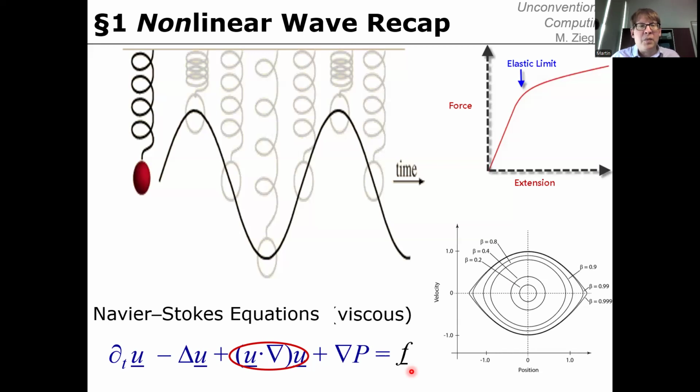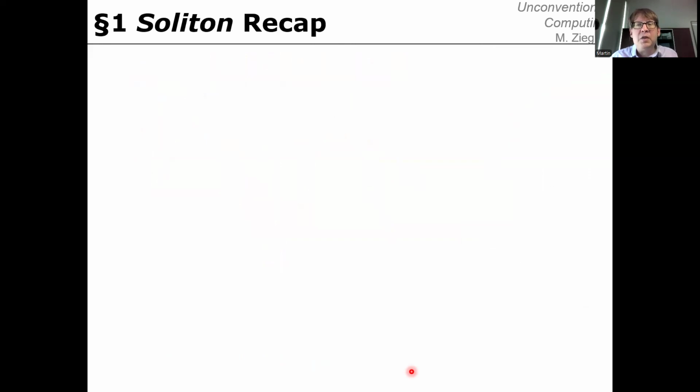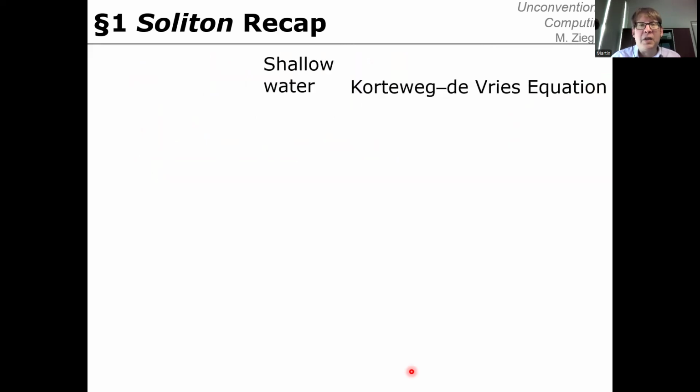But here we want to talk about a different kind of nonlinear wave equation, namely those which admit so-called solitons. Solitons occur in many areas of physics, nonlinear waves, but historically they originated from the so-called Korteweg-de Vries equation, which was named after two Dutch scientists, Korteweg and de Vries, and they tried to describe the behavior of water in the channels in the Netherlands.